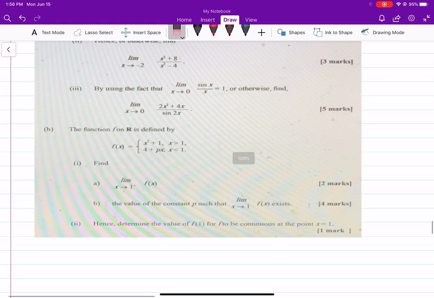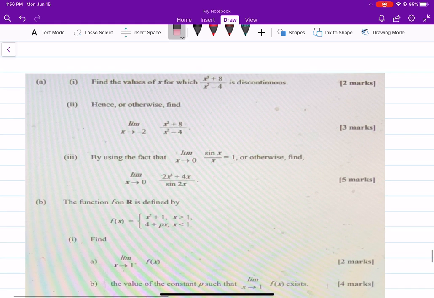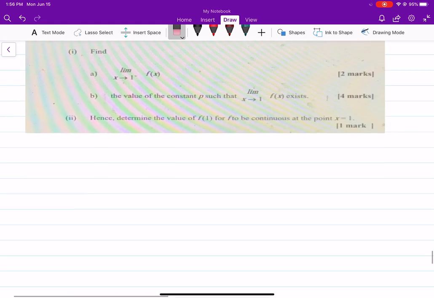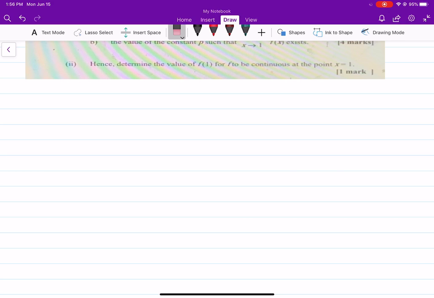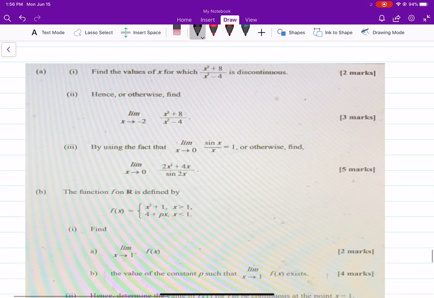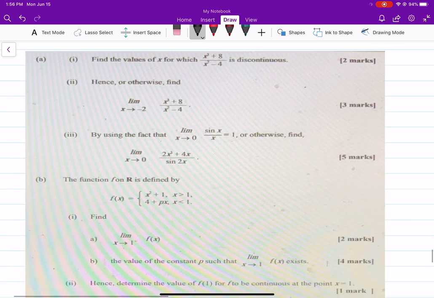All right, the function is x cubed plus 8 over x squared minus 4.